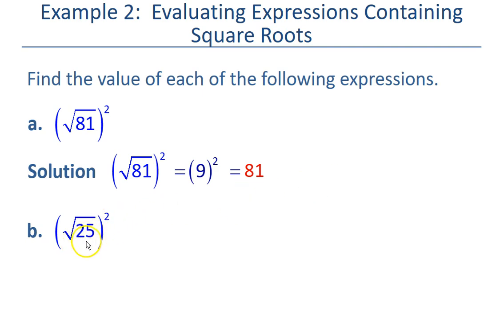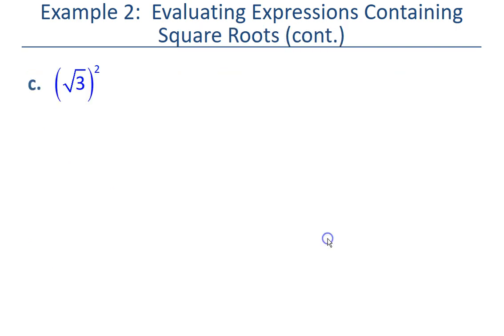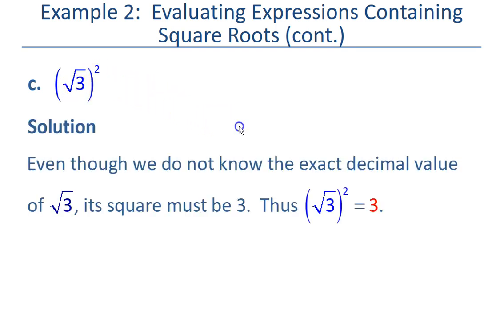The square root of 25, the quantity squared, is just going to be 25. The square root of 3, the quantity squared, is 3.